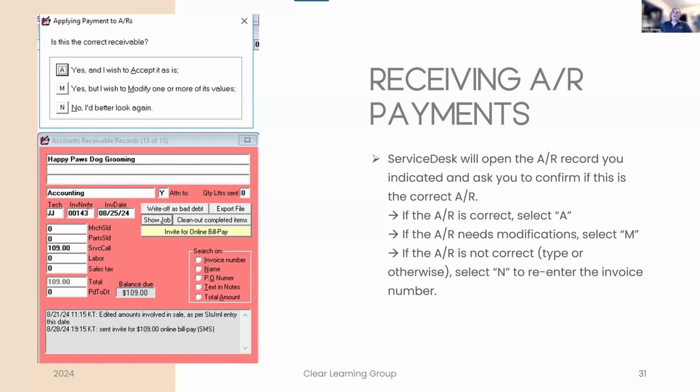And then you'll only have to manage through this process the particular accounts receivable records that don't have an exact match. And the ones that don't have an exact match, you'll again get this exact same prompt where it says, hey, these ones didn't have an exact match. You're going to have to go through them one by one, and then you'll go through and manage those particular accounts receivables.